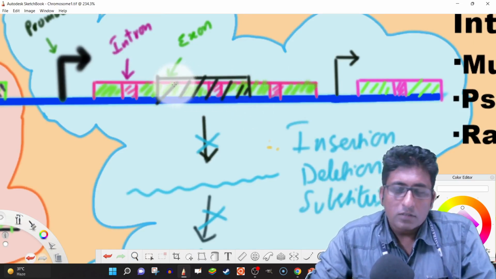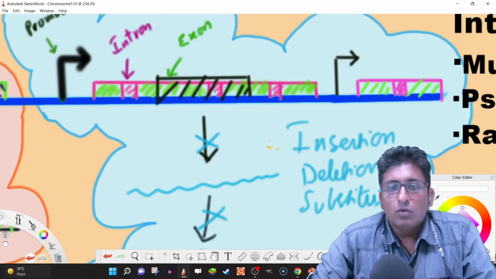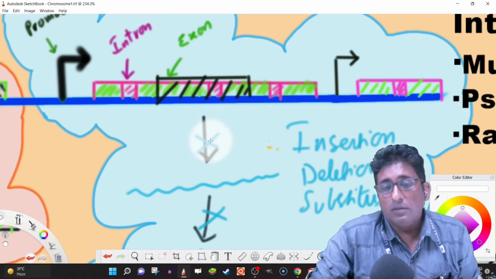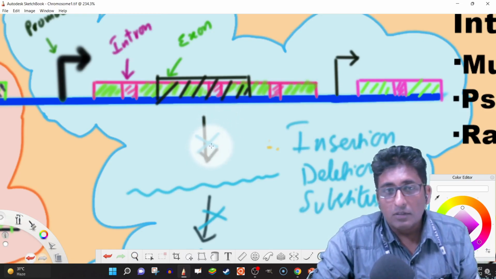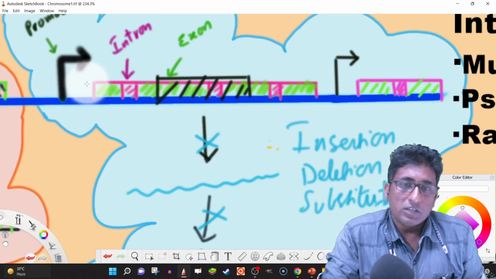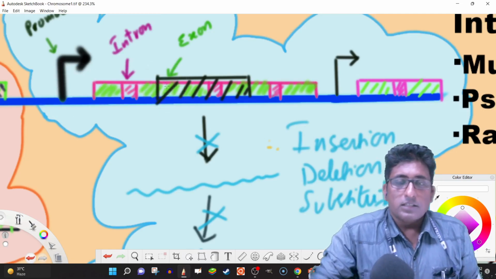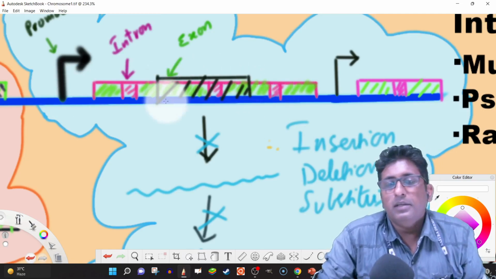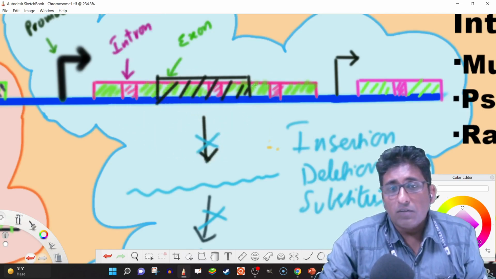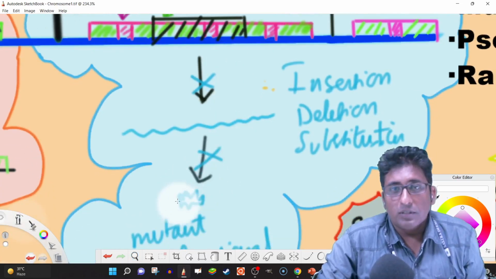The consequence of the genetic sequence change could be that the gene might not be transcribed in the first place. Say, for example, if an insertion happened in the promoter region or regulatory elements, maybe transcription is interrupted. In some other cases, the change may happen somewhere like this, because of which the protein that forms may be non-functional.